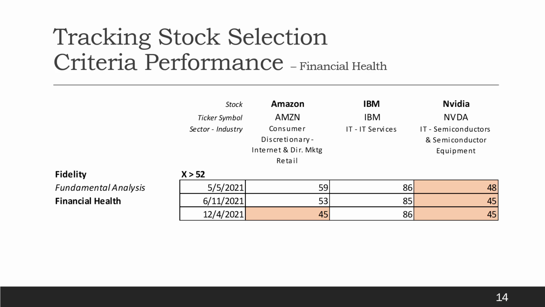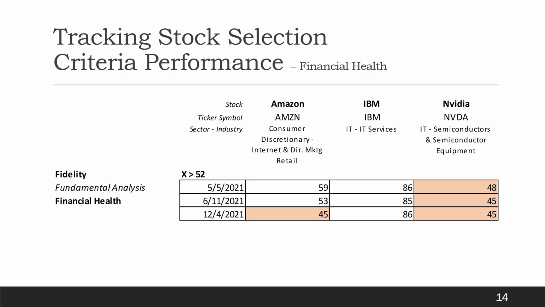Financial health. Two factors for financial health are operating cash flow ratio and adjusted interest coverage ratio. Operating cash flow ratio, also known as liquidity ratio, is cash flow from operations divided by current liabilities, and adjusted interest coverage ratio, earnings before interest and taxes divided by interest expense, shows how easily a company can pay interest on its outstanding debt.